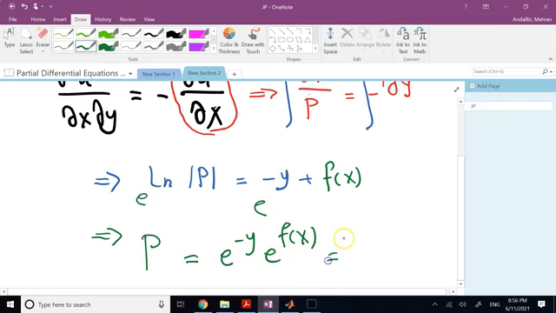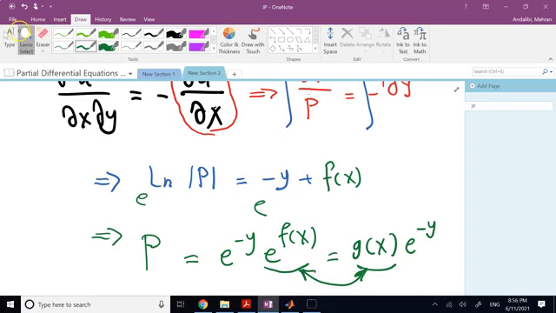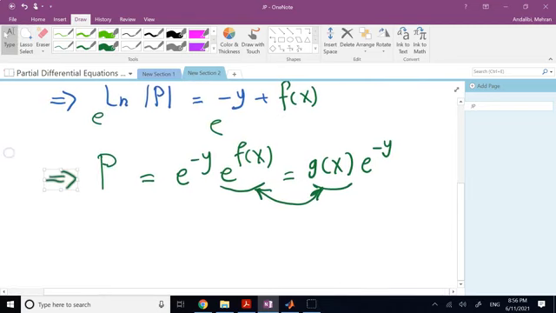If you don't mind, I would call it g of x. So it is g of x times e to the negative y. And remember here, this p is a function of x and y. And g of x is this guy here.